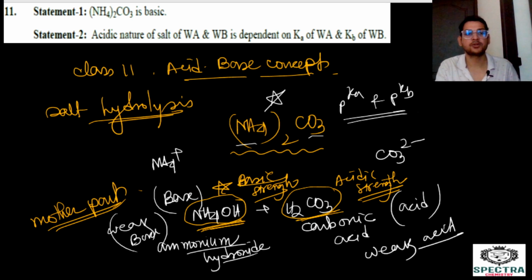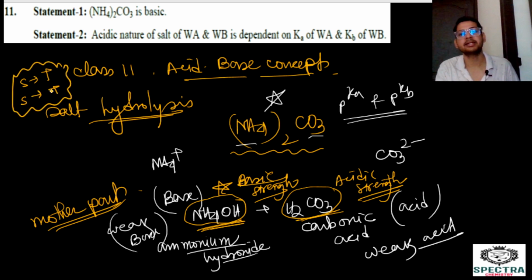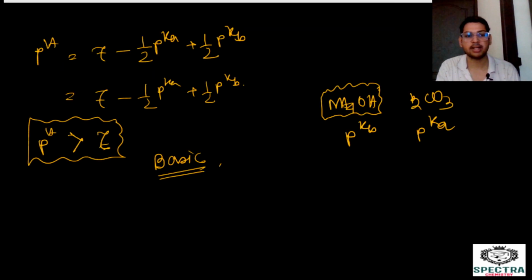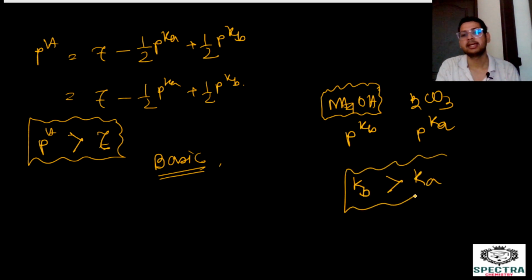So here the statement 1 that is given is true, and statement 2 is also true. Both statements are true here. Yes, the acidic nature of salt of WA and WB depends upon the Ka and Kb value. Here what I can say is that Kb value is greater than Ka value. Okay, so now go to the next thing.